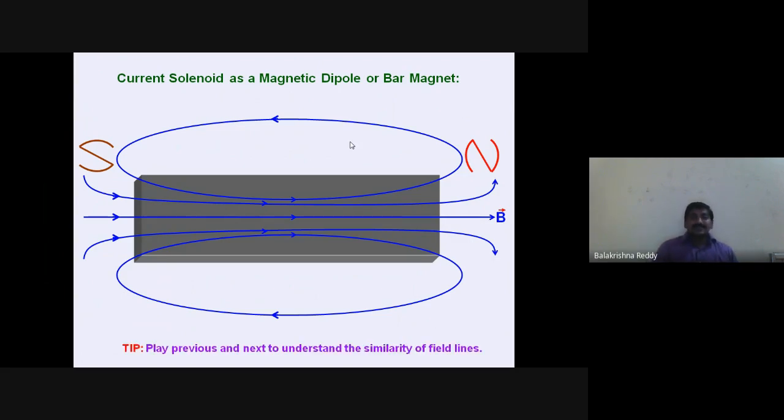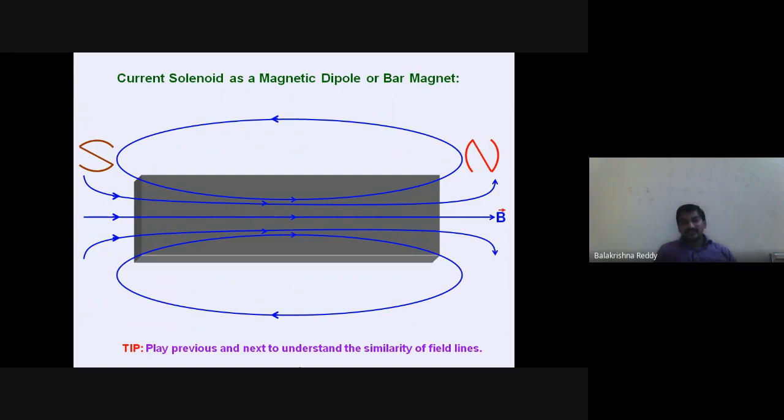At the same time, you cannot increase or decrease it at will. It will decrease with usage, but a sudden increase or sudden decrease is not possible in the case of a bar magnet. Now, these are all the differences between the solenoid and bar magnet.